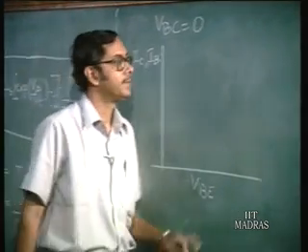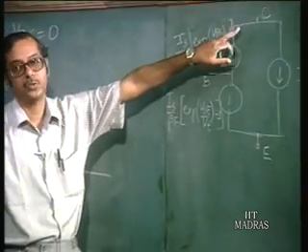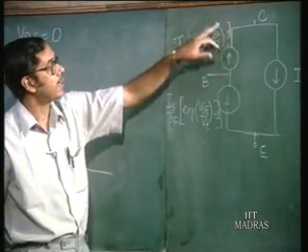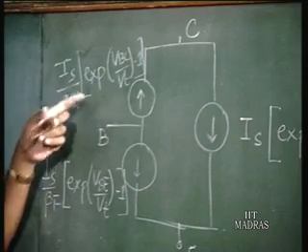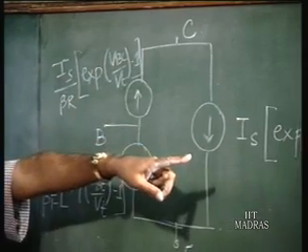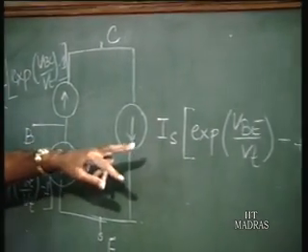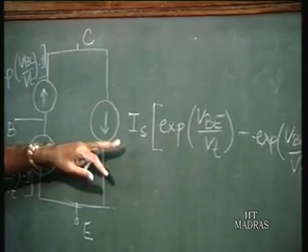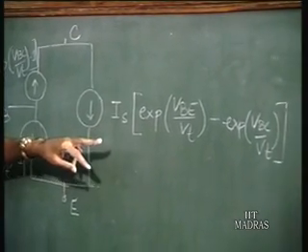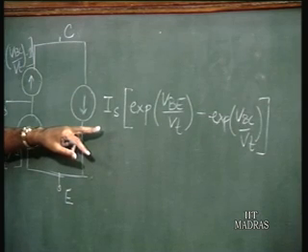Now, what is IC going to be equal to? This current source is 0 since VBC is 0, so IC is equal to IS exponential VBE by VT minus 1.